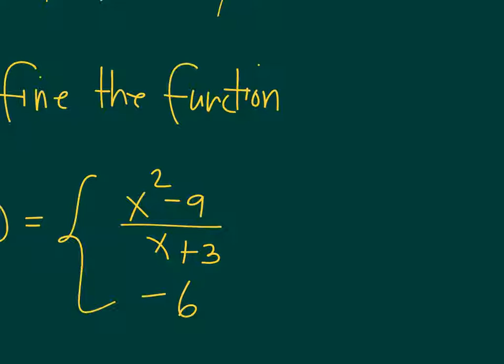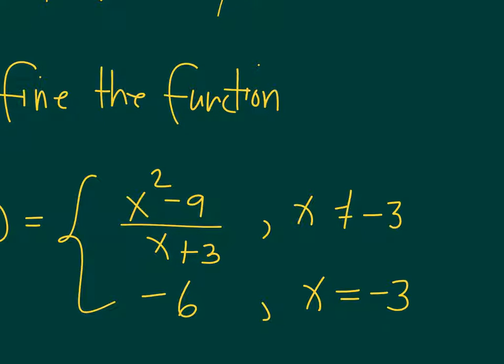But you take note, the first expression (x squared minus 9) over (x plus 3) will work with all the numbers except for negative 3, because it is undefined at negative 3. But redefining it, you introduce negative 6 for x equals negative 3.